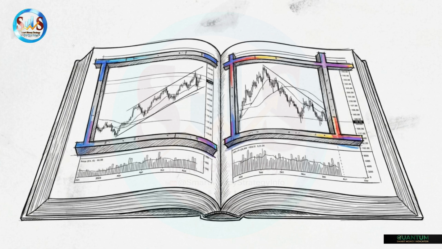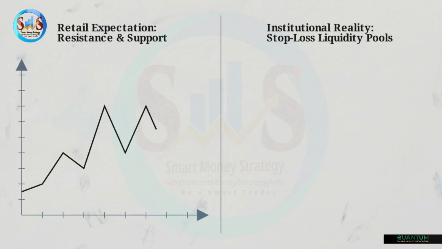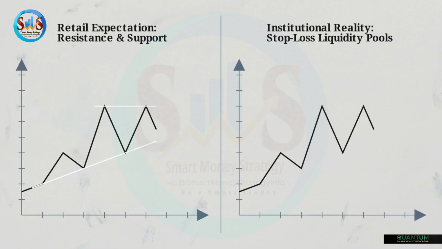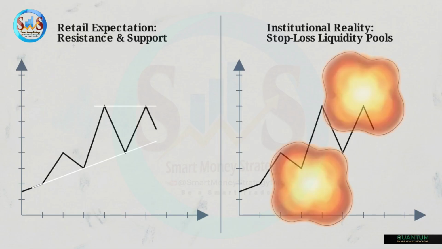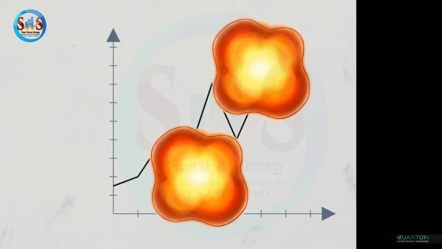This split screen illustrates what is happening. On the left, the traditional view. However, algorithms engage in active liquidity engineering, deliberately building these pristine structures. On the right, geometric lines are irrelevant. Instead, they see glowing density heat maps, representing massive, highly concentrated pools of resting money. These zones are a dense clustering of retail stop-loss orders.